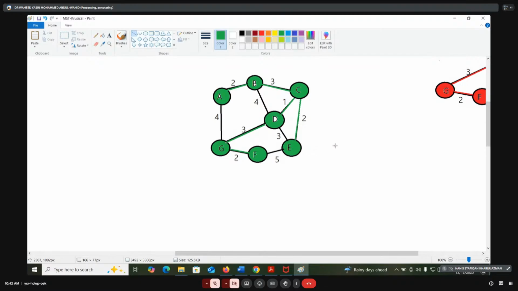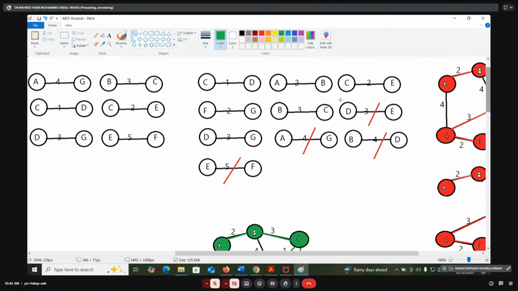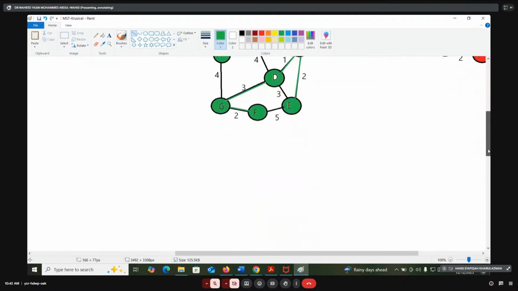Now I stop because I already connected everything. DG 3, select DG. AG, no. BD 4, EF, also it will be a cycle. If I select this one now, it will be a cycle. So this is the solution.